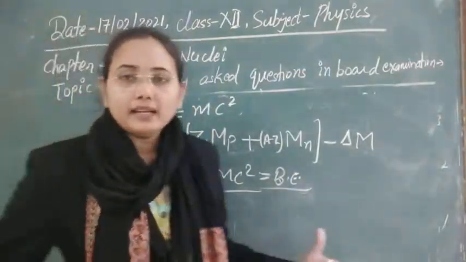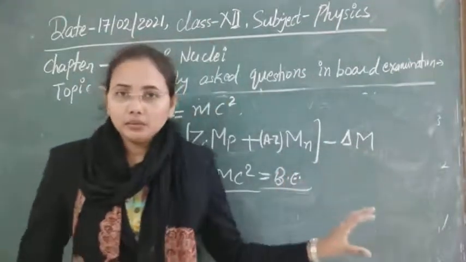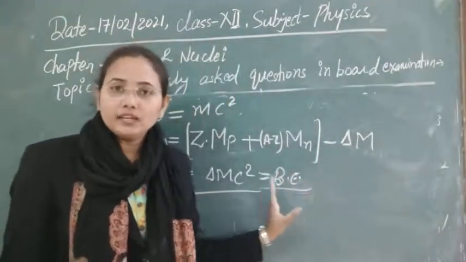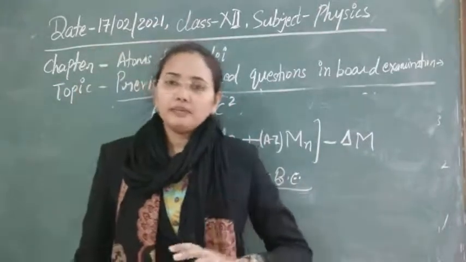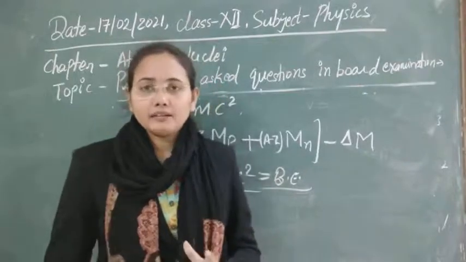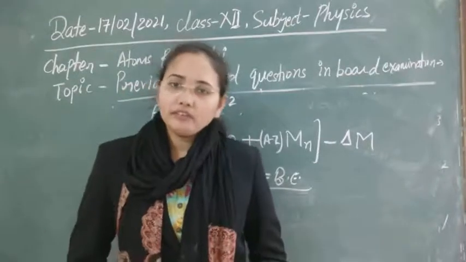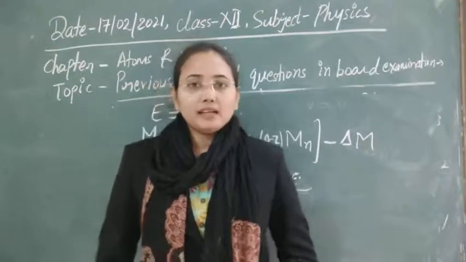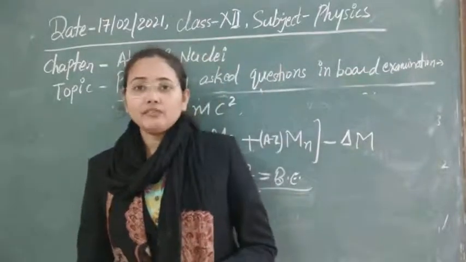So this binding energy binds the nucleus together, and obviously its value is very large. It means the nucleons are bound with a large amount of energy. If we have to break the nucleus, we will again need a large amount of energy, and that energy is not easy to provide from any instrument we have.